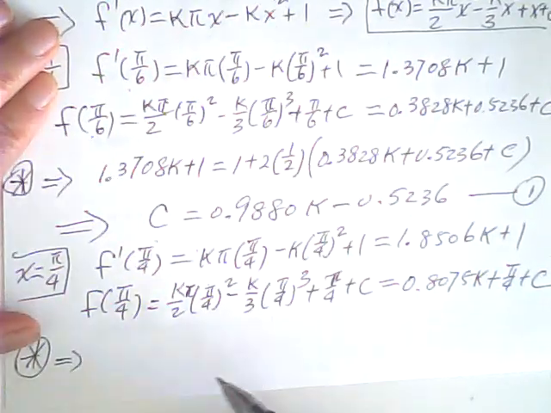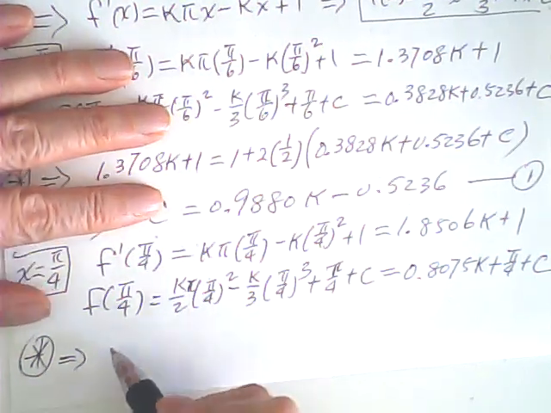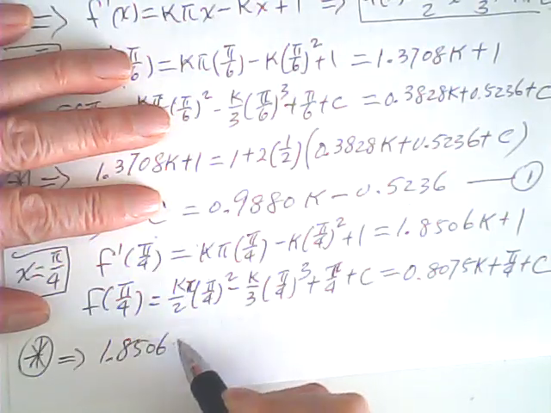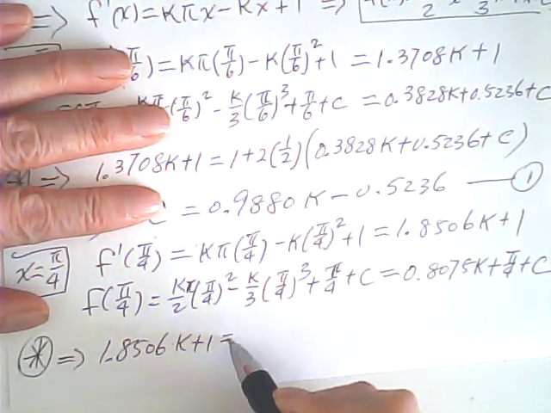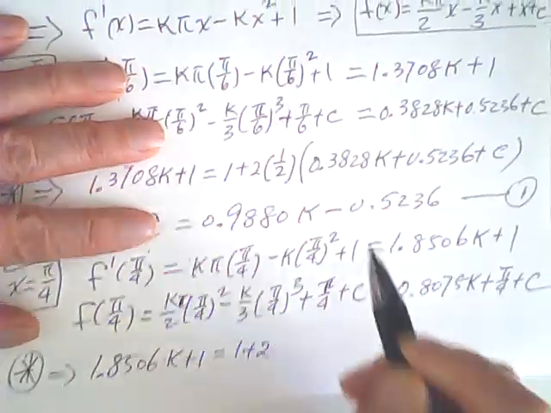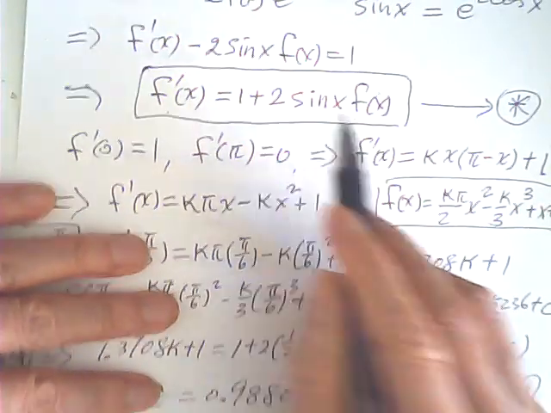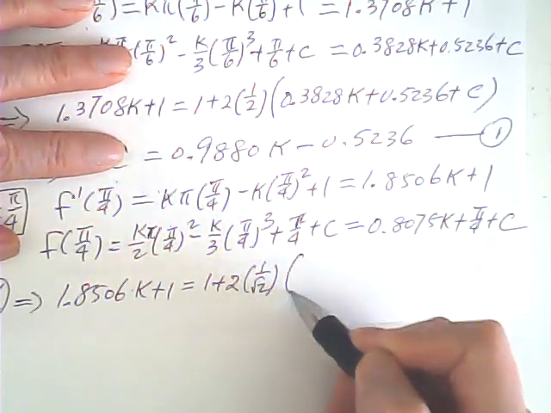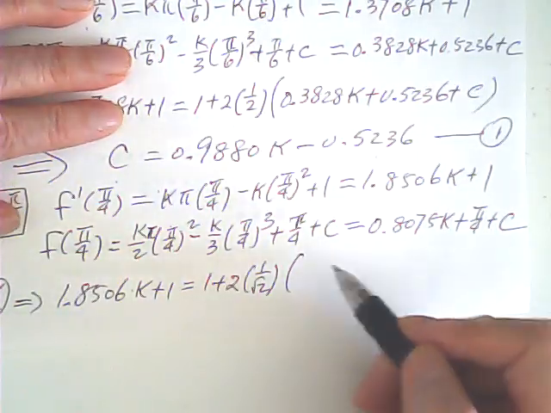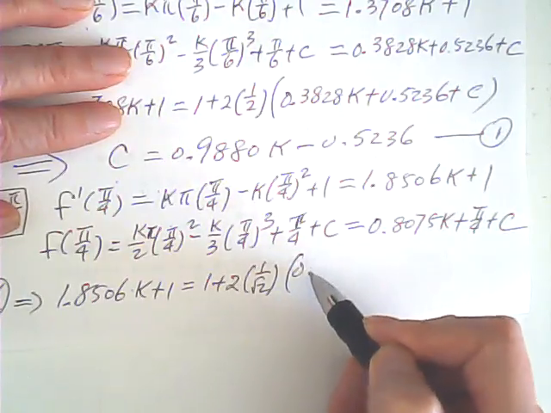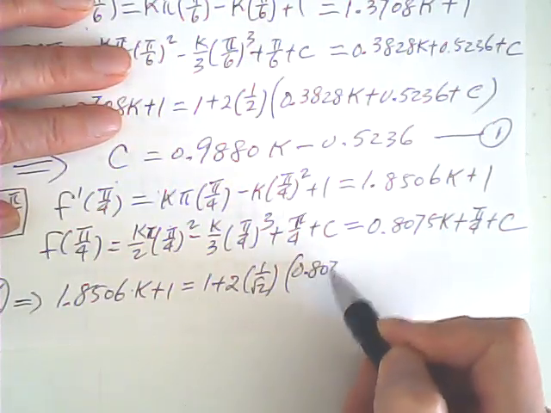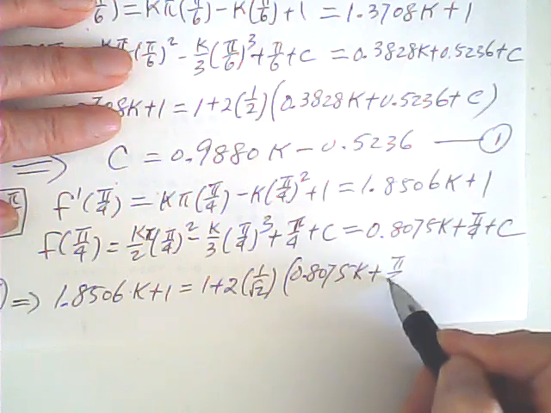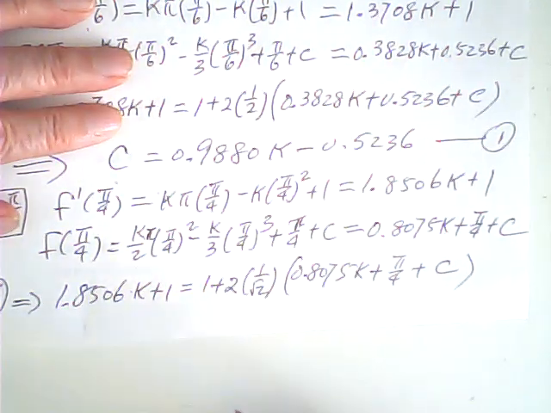So the star equation becomes 1.8506 k plus 1 is equal to 1 plus 2 sine quarter pi, which is 1 over root 2, times f of a quarter pi, 0.8075 k plus quarter pi plus c.